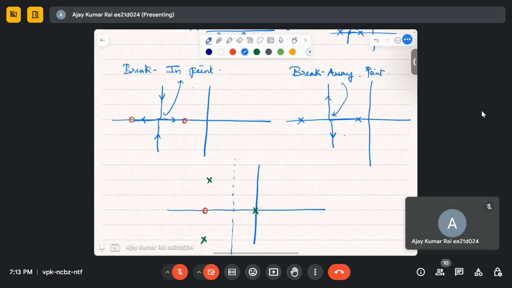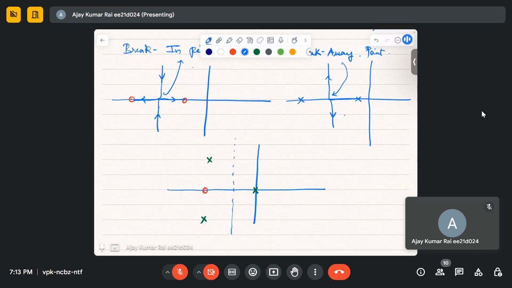We don't have that. And for a breakaway point, what we need is two open loop poles. But in this case, we have one pole and one zero. Okay, so we can say it does not exist here.